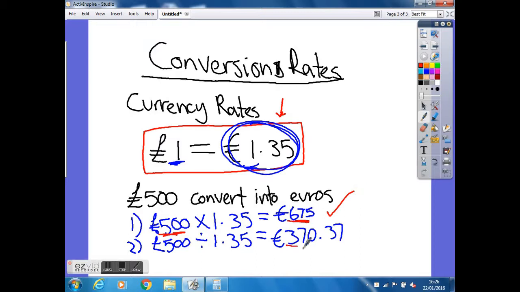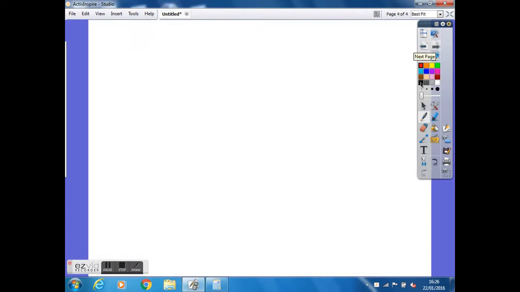In the bottom one, the euros are a lower value than the £500, so that doesn't make any sense. So to work out this question, all we had to do was 500 times 1.35, and that gave us the value in euros.